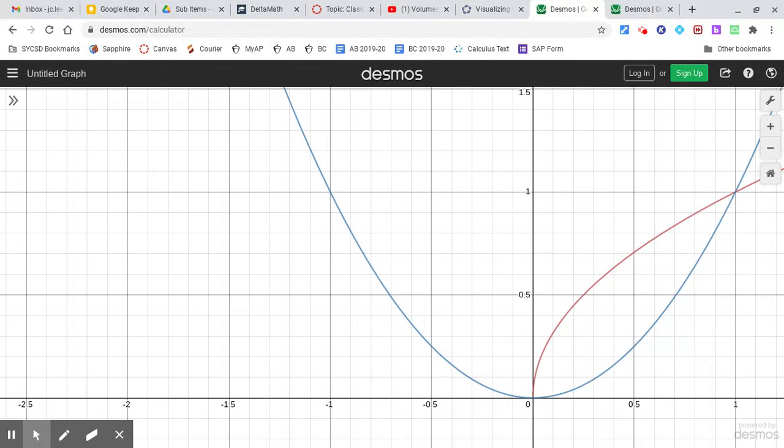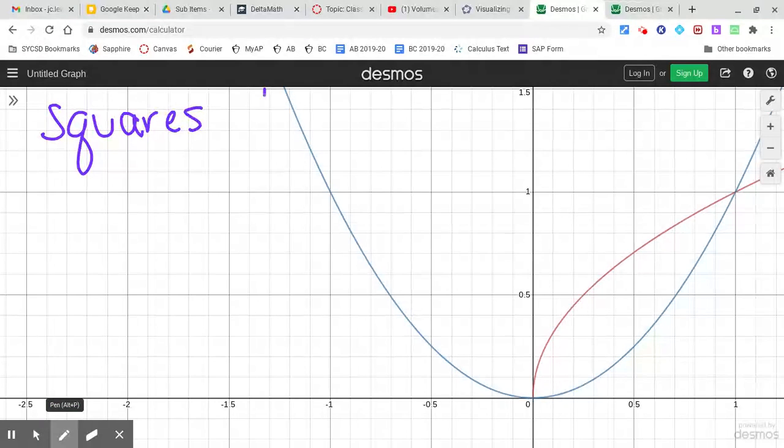Okay, so let's say that we're starting this problem out and we're going to go with squares. Our cross sections are squares and they're going to be perpendicular, the international sign for perpendicular, to the x-axis. And they're going to sit in this region from 0, 0 to 1, 1.